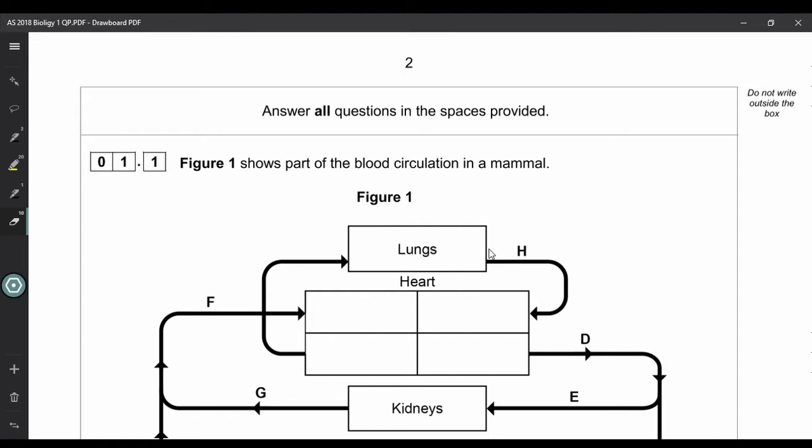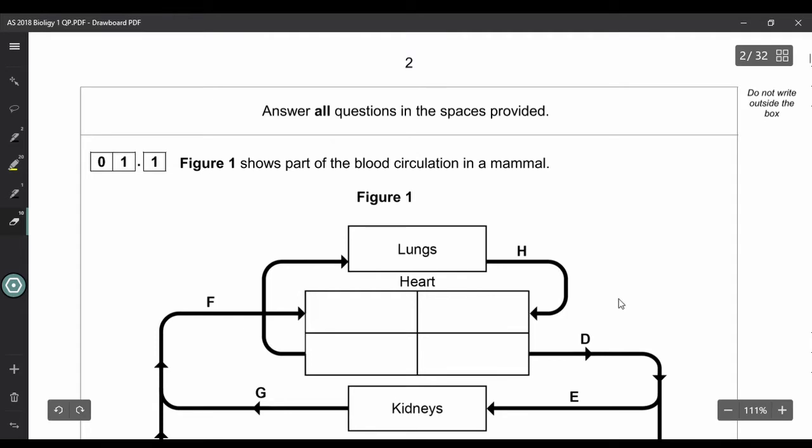They ignored some of the instructions that were given in the questions, but I'll point some of those out as we go through the questions. And that a lot of maths skills were lacking. Students really struggled with some of the maths questions. So again, that's something to work on before you go into the exam.